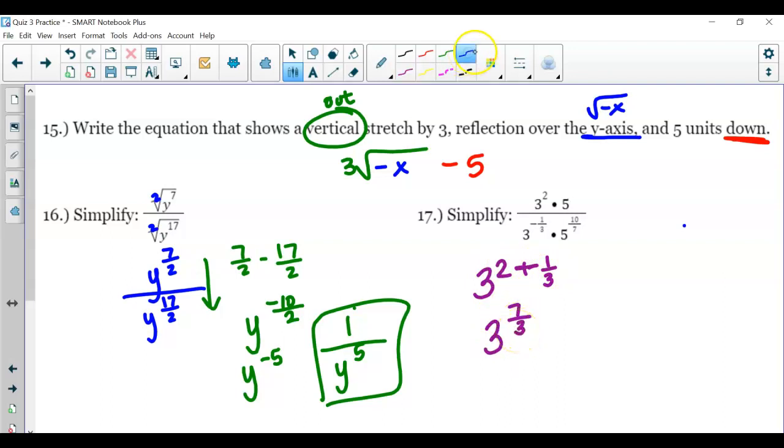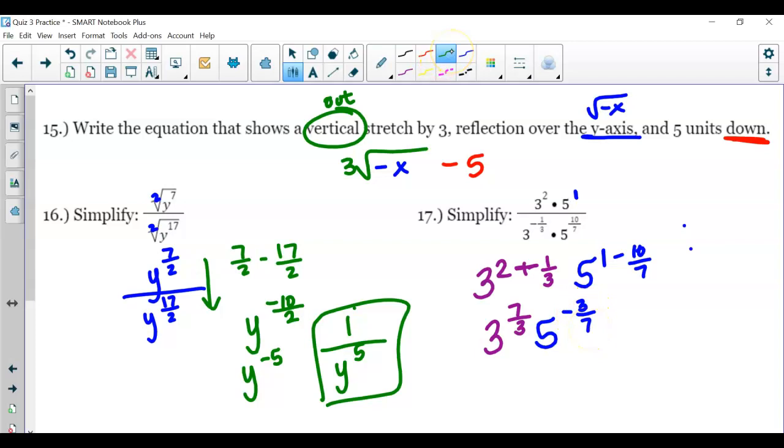Then here for the base of 5. Again, see how this base of 5 here is by itself? It is understood then to have that exponent of 1. Because remember, 5 to the first power is still 5. So now again, subtracting with our base of 5, 1 being our whole number, minus 10/7. Which gives you now, with our base of 5, the exponent of negative 3/7.